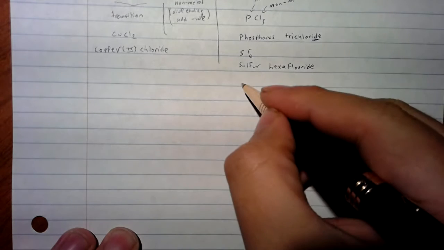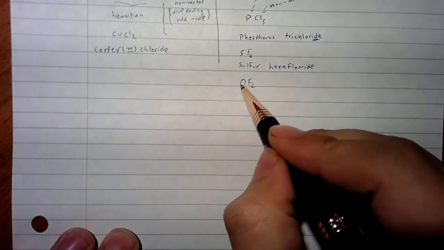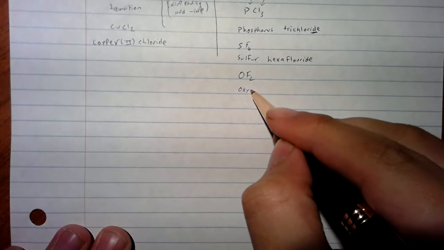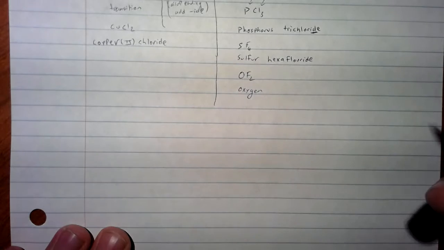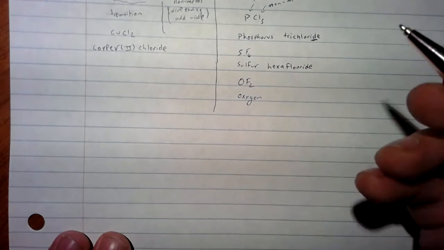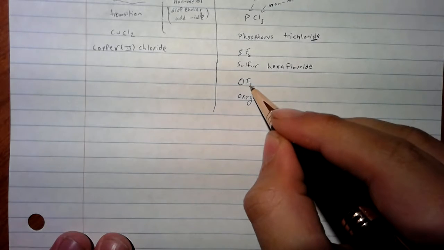So that's OF2. Again, this is one atom of oxygen, so it's going to be just oxygen. And again, we're still dealing with non-metal and non-metal, so it's a molecular compound, so we're using the rules for molecular compounds. We have oxygen, and then how many fluorine atoms?